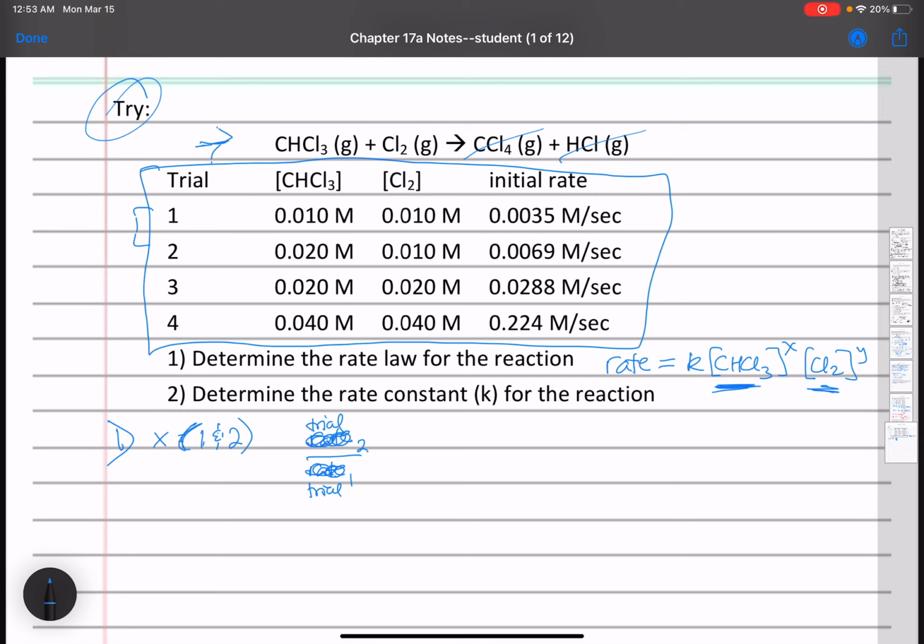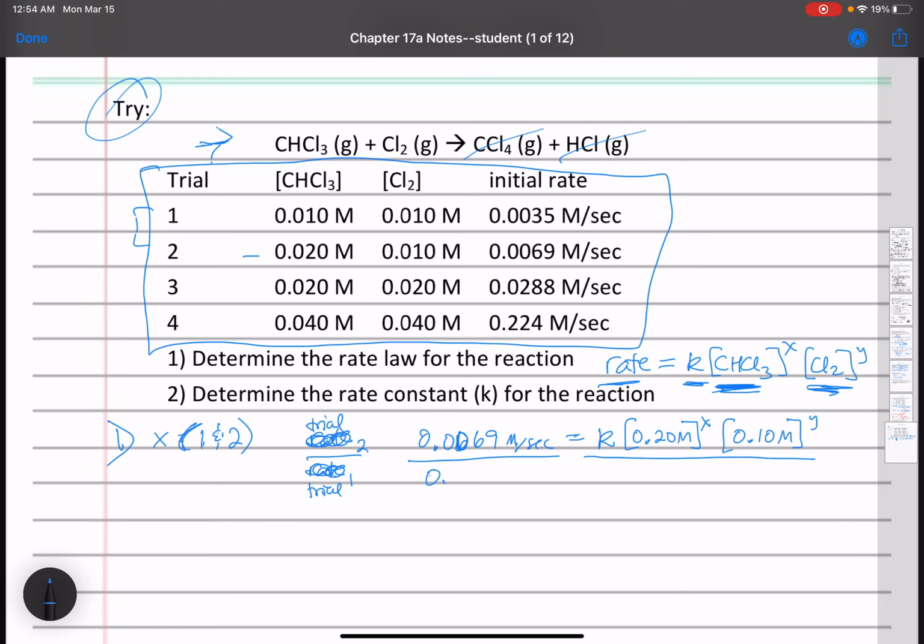Okay, so the rate of trial 2 is 0.0069 molarity per second, equals K times the concentration of the CHCl3. In trial 2, that was 0.20 molar to the X power, times the concentration of the Cl2 in trial 2, which is 0.10. I'm going to divide all of this by the rate law for trial 1.